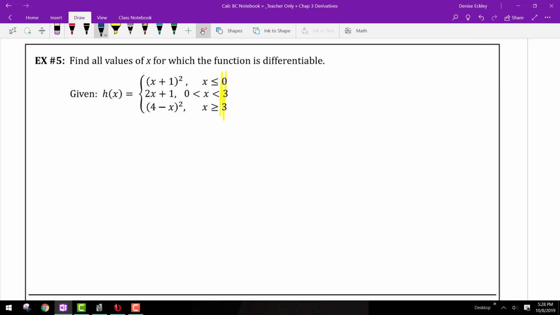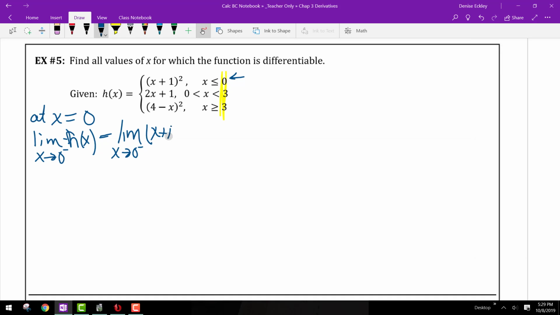So we want to first look at x equals 0. At x equals 0, we're going to take the limit as x approaches 0 from the left of the function, which is h of x, and that's going to equal the limit as x approaches 0 from the left of x plus 1 squared.